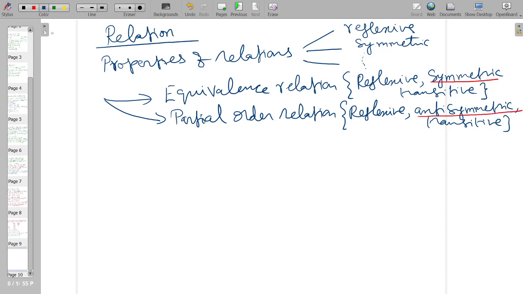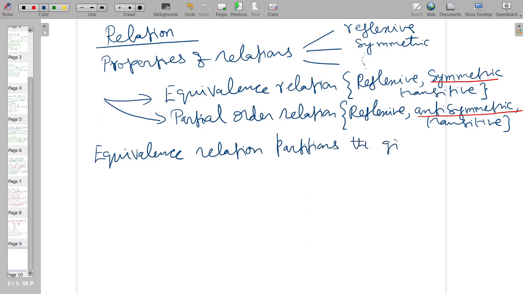By this change, what is the very big difference you get? We have just proved that an equivalence relation partitions the given set.